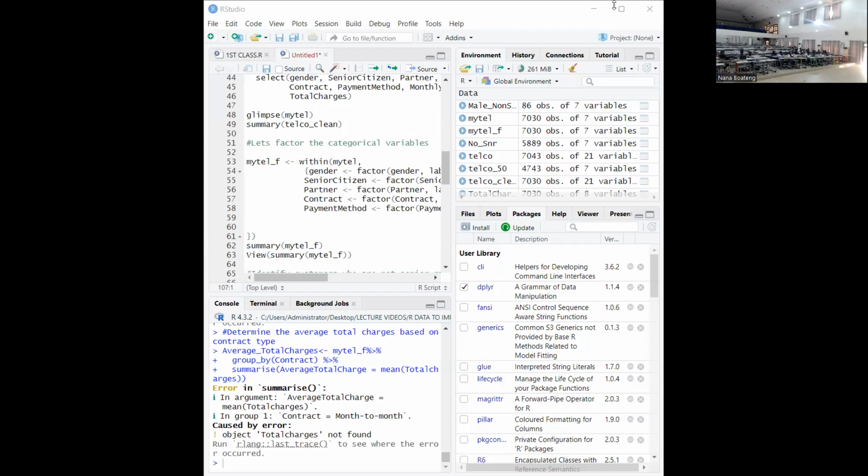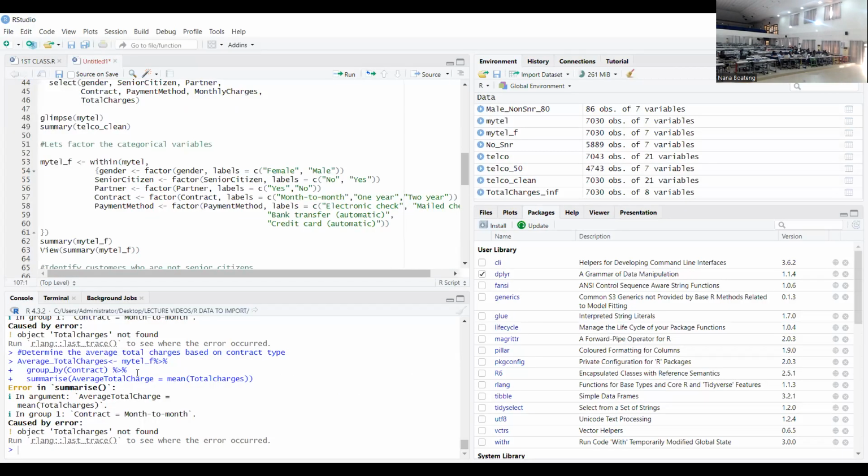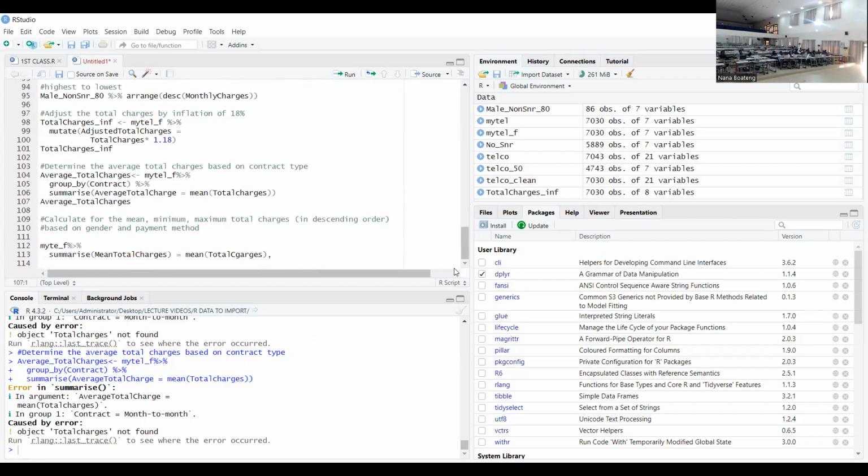Please, can you see my screen? Yeah, we can see it. So what error are you having? I had an error running the first part of the average total charge.